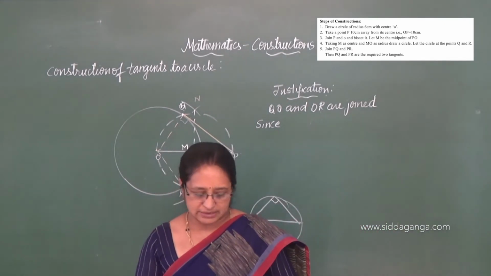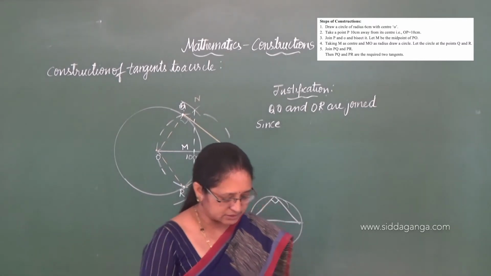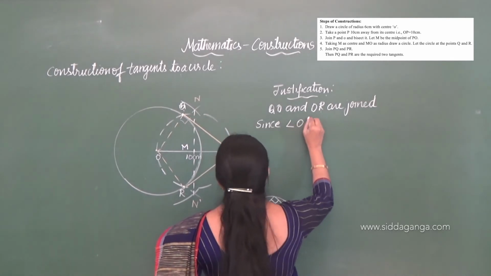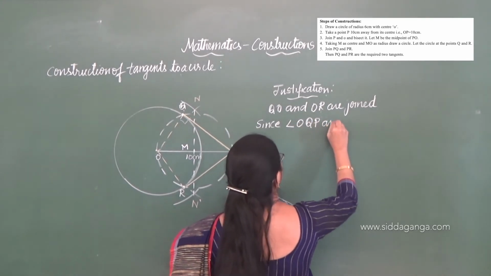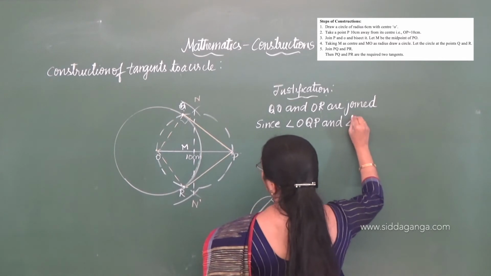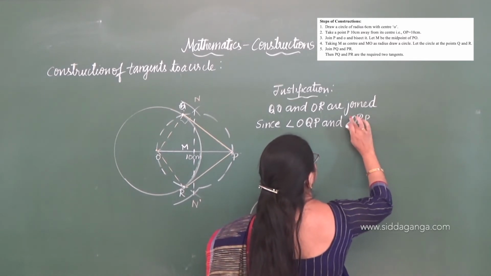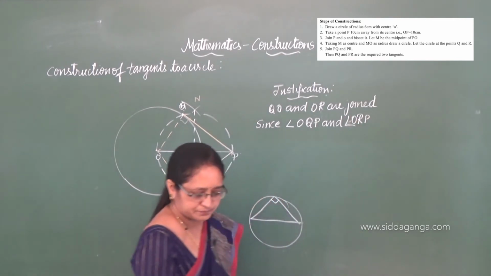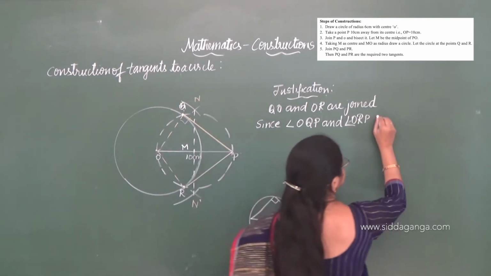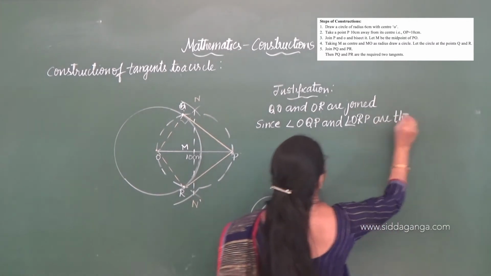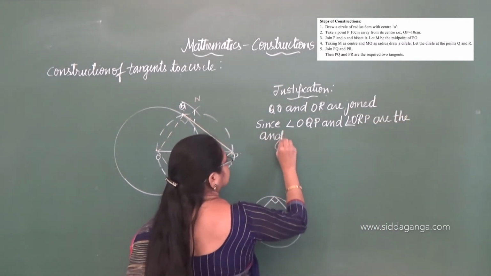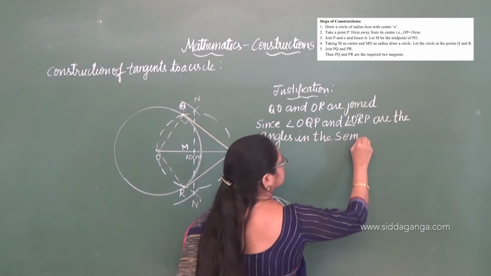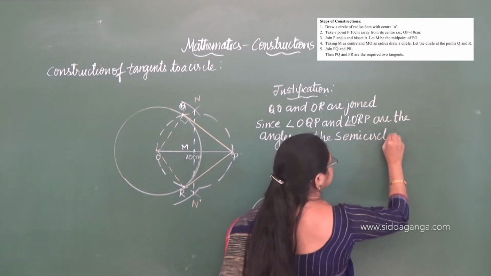Understood? So, let us write that since angle OQP and angle ORP are the angles in the semicircle.